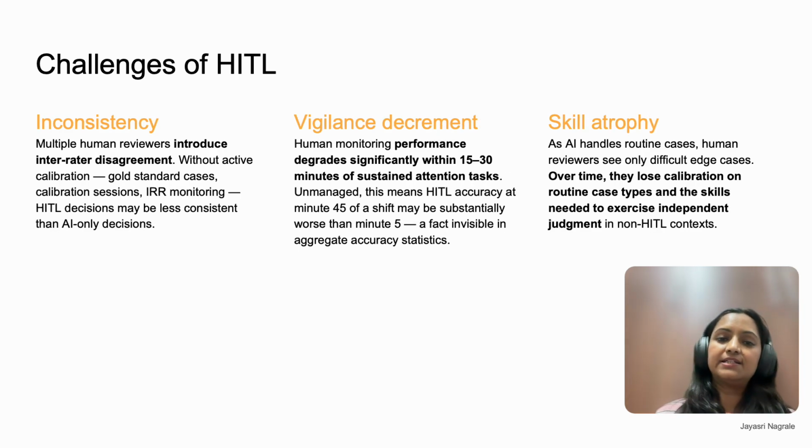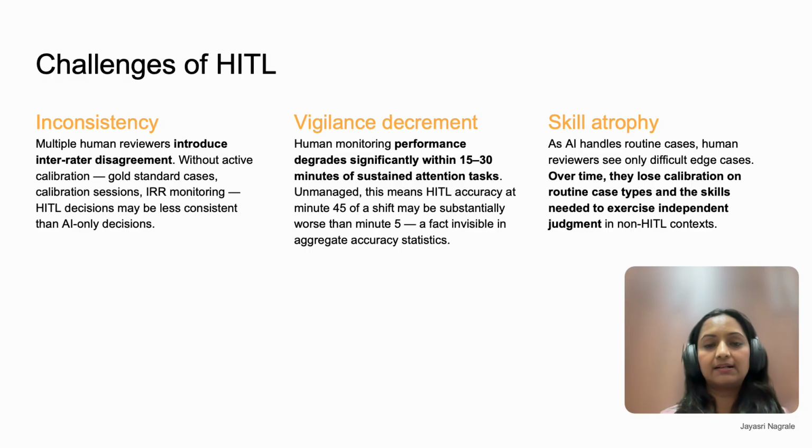The other challenge of HITL is inconsistency. Unless the humans are trained properly and they know what to expect and what not to expect, there can be inconsistency in their reviews. And this again will be fed into the models, and then the model may not really learn the right thing. The next one is vigilance decrement, something important that we heard of in the last slides also, which says that human monitoring performance degrades significantly within 15 to 30 minutes of sustained attention tasks.